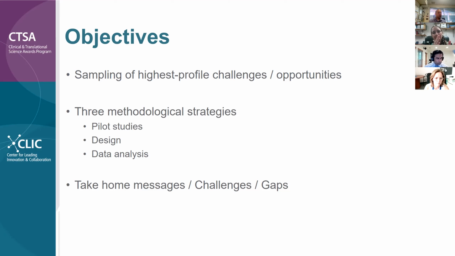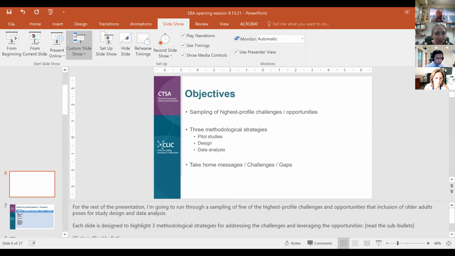You'll see that my coming slides all have a certain design to them where a challenge is identified and then 3 different strategies to addressing it are laid out: pilot studies, which inform study design, and then finally data analytics strategies. And we'll conclude with some take-home messages, challenges or gaps, but please weigh in if you have additional thoughts at any point.